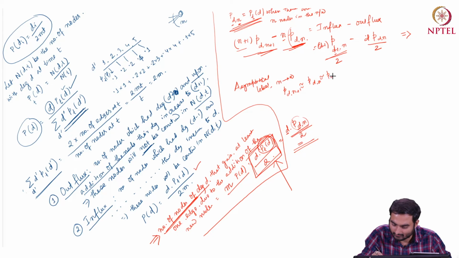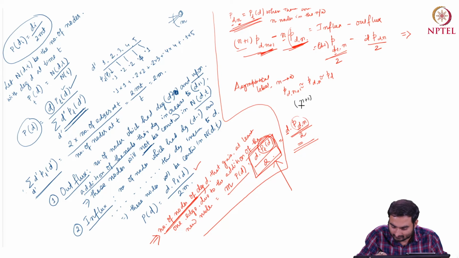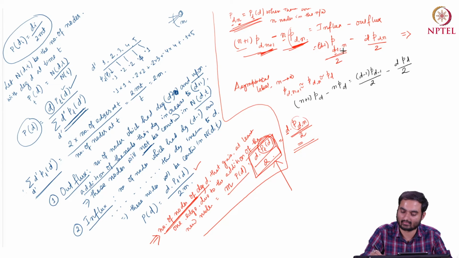This would be p of d when n tends to infinity. So we replace these by p of d. So now the modified equation is this one: n plus 1 times p d minus n times p d is equal to d minus 1 times p d minus 1 by 2 minus d times p d by 2, because in the asymptotic limit when n tends to infinity we will ignore the n at every place.